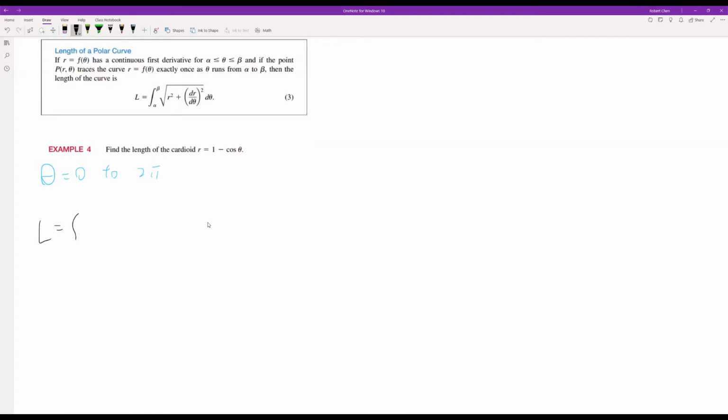The length is the integral from alpha to beta of the square root of r squared plus (dr/d theta) squared, d theta. Let's find dr/d theta. r is 1 minus cosine theta, then dr/d theta is sine theta.